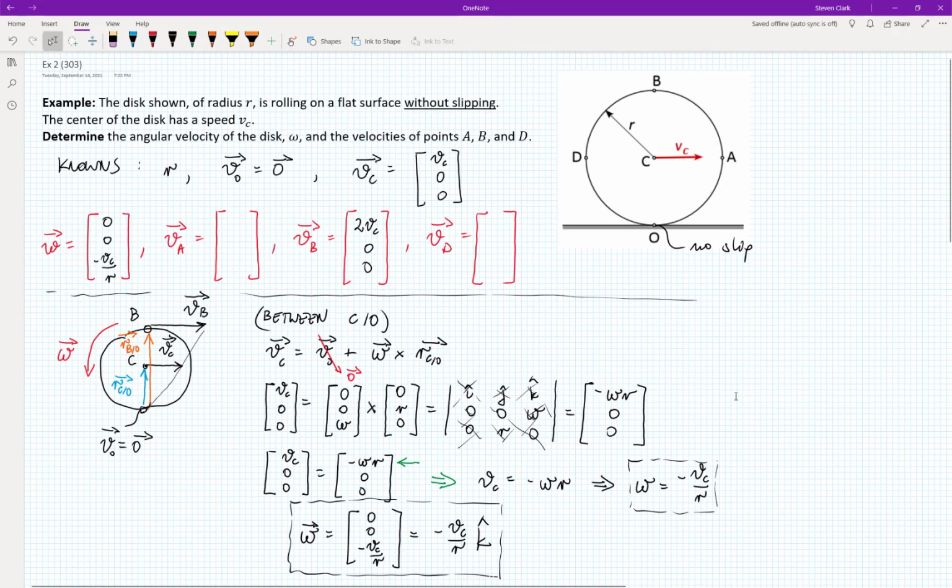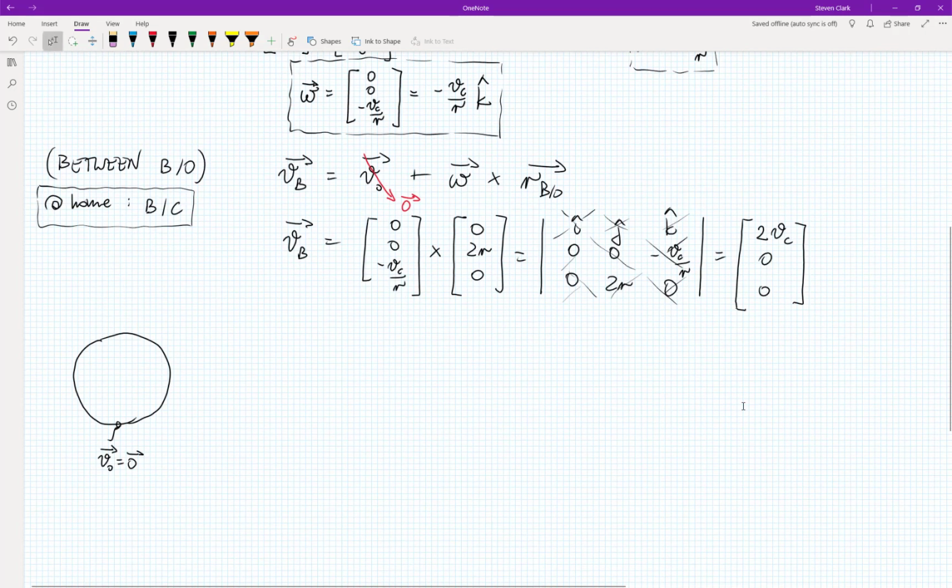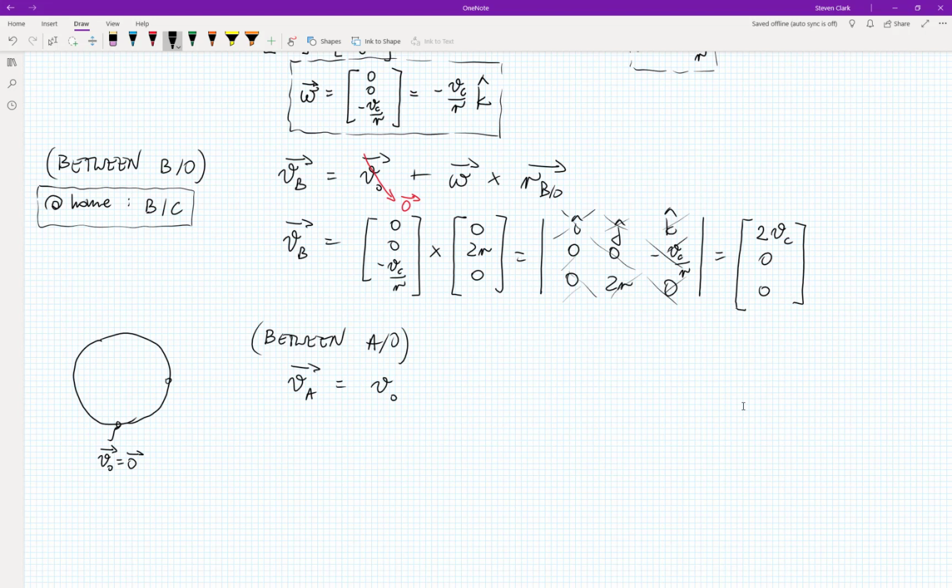Aha, point A is here on the right-hand side. So again, I hope you don't mind that I am going to again write an equation between A and O. It will look like that. VA is equal to VO plus omega times RAO.